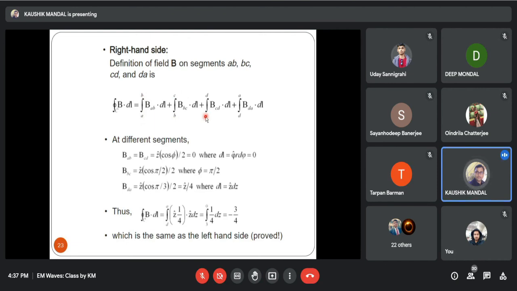You have to consider the closed path. Now at different segments, first of all you have to find out the corresponding BAB, BBC, BCD and BDA. Then if you apply the integral equation, that is B dot dl, it will be minus 3 by 4.